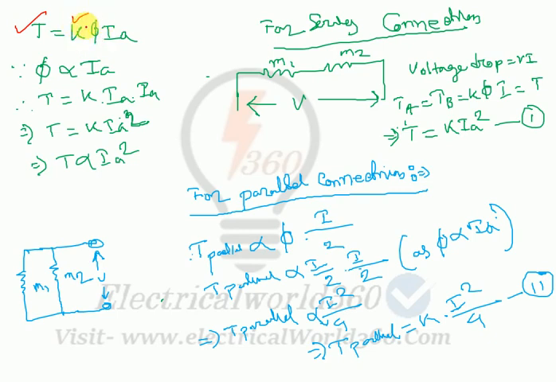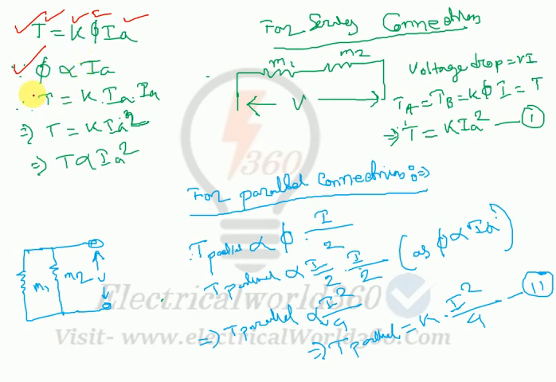K is the constant, theta is the flux, and Ia is the armature current. For DC series motors, theta is proportional to Ia; flux is proportional to current.